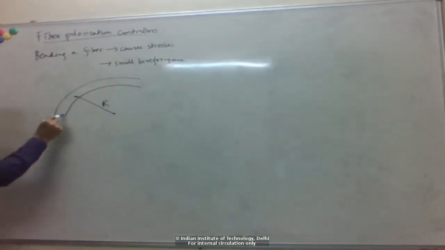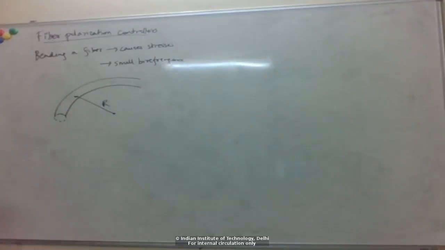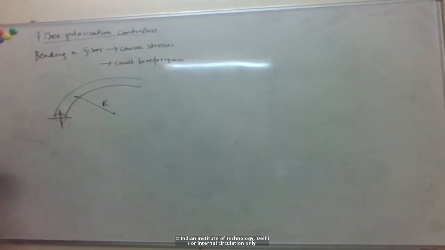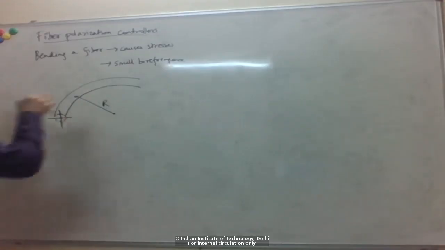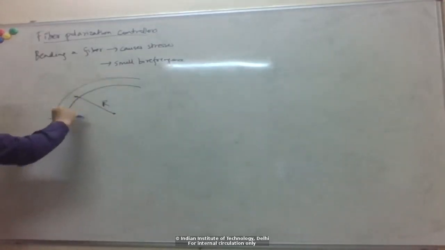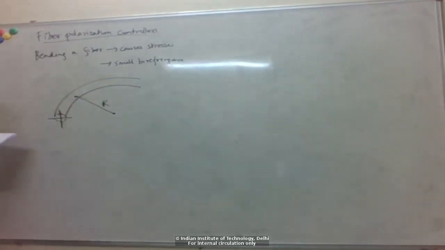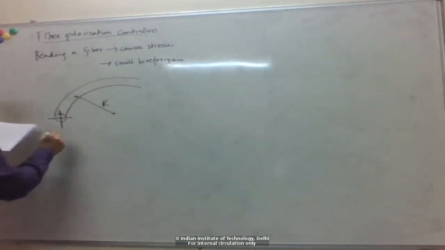So if I now look at the cross section of the fiber, typically the two orthogonal polarization axes for a perfect fiber with a perfectly circular core and no stresses are degenerate, we know, right? But because of this bend, there is some stress caused in the silica material here, which changes the refractive index slightly.